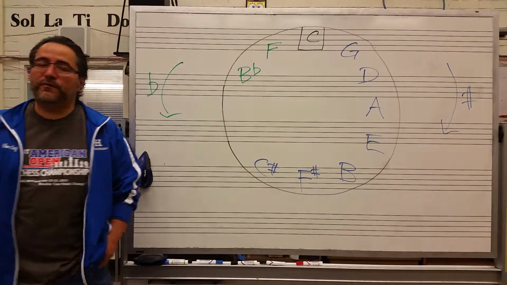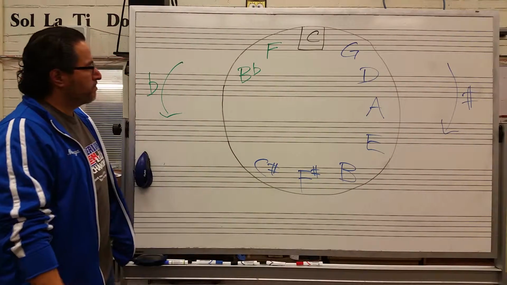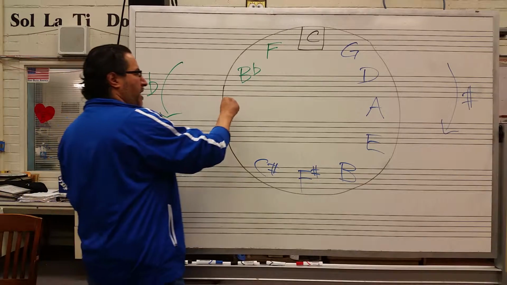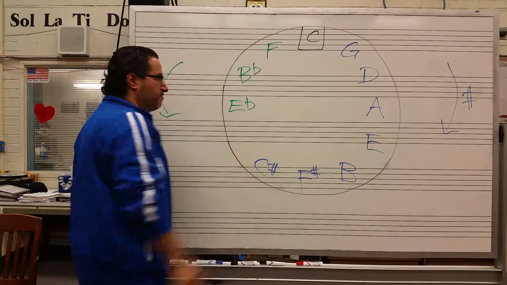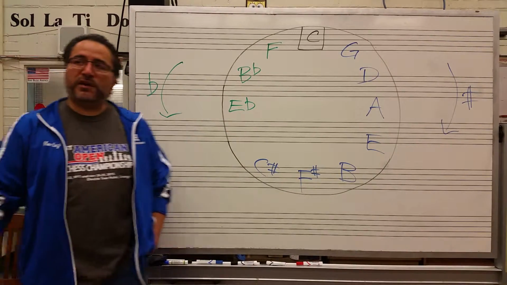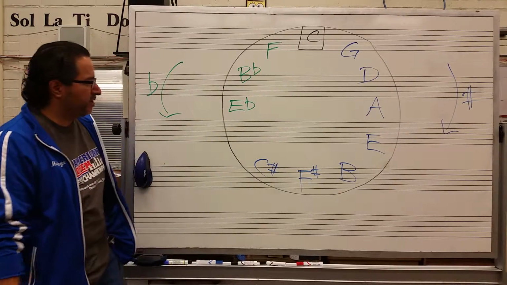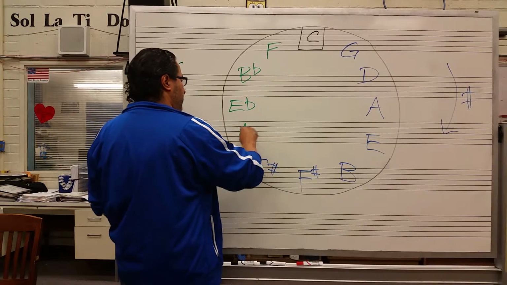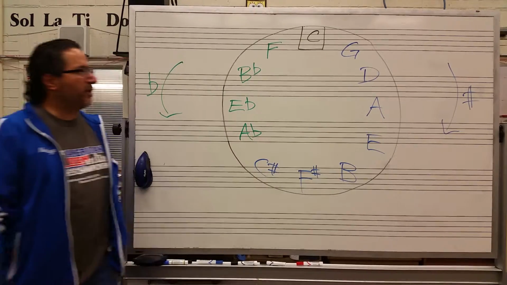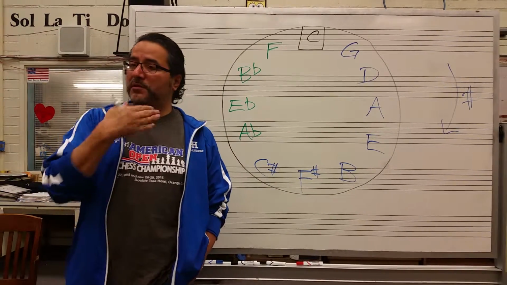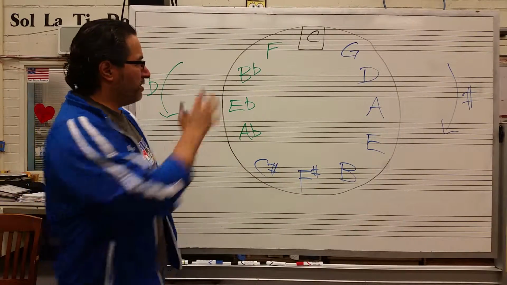B flat is a perfect fourth above F. At 9 o'clock, we've got E flat. You'll notice we're running out of clock slots. The next one is going to be A flat. And we've now covered all 12 positions of a clock with notes.